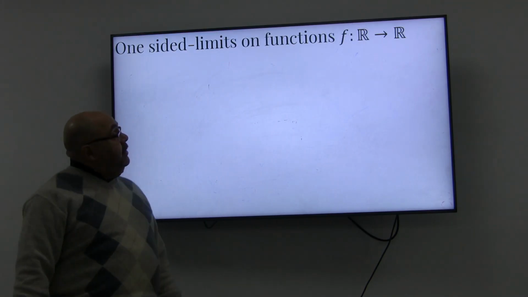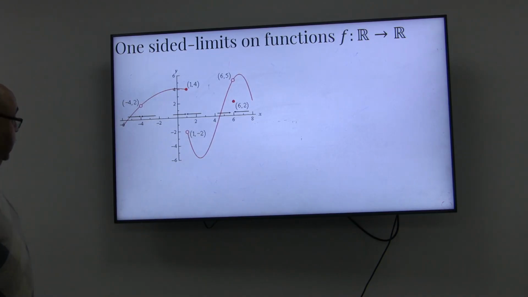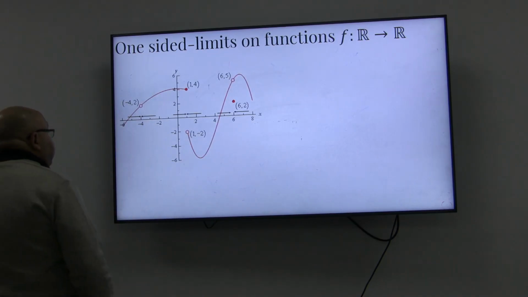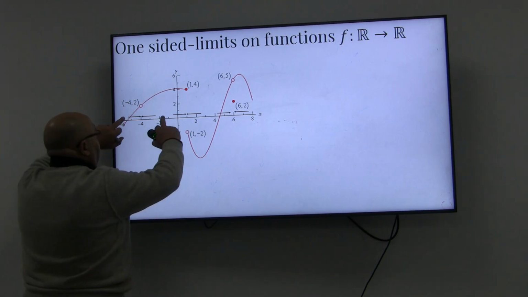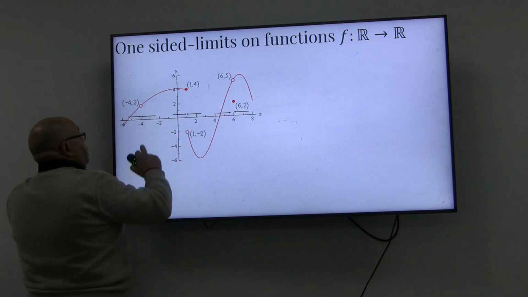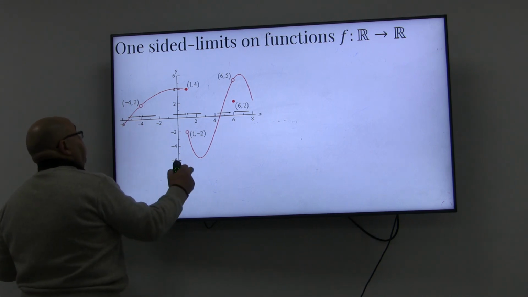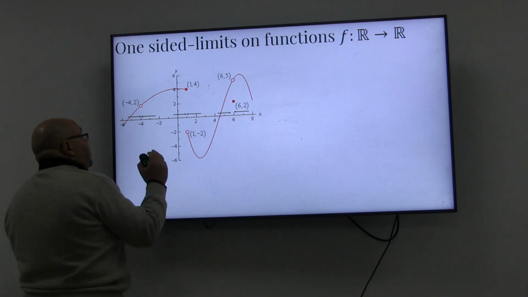So, one-sided limits, f from R to R. Once more, if you see this sketch which represents how the values on the x-axis are approaching certain values, I can write here the limit as x tends to -4 of f of x.